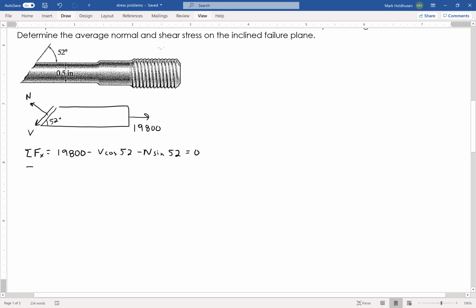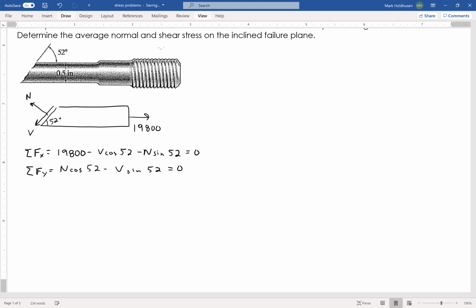Now I can do the same thing in the y direction. I don't have any external force in the y direction, so I just have those two internal ones, which are going to be N cosine 52 minus V sine 52 equals 0, right? So I just do the statics on this at that angle to find the normal and the shear at the break angle of that piece there.